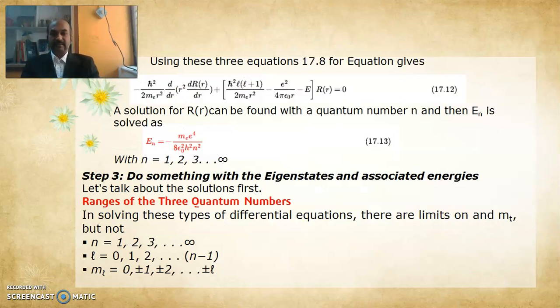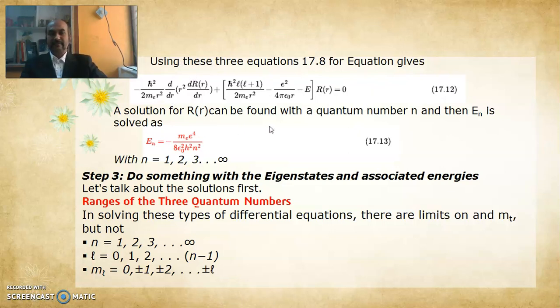Using these three equations, equation 8 will be given by h cross square divided by 2 me into r square into d by dr of r square into dR of r divided by dr plus h cross square into l of l plus 1 whole divided by 2 me into r square minus e square divided by 4 pi epsilon naught r minus E into R of r is equal to 0, and this whole term is equation 12.